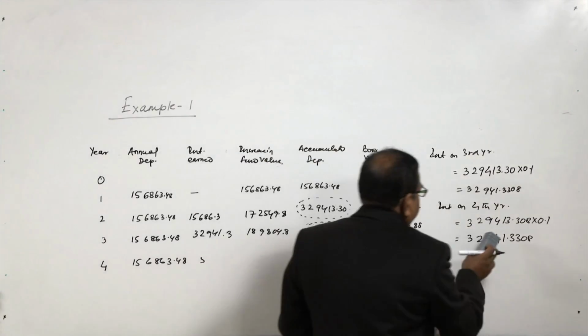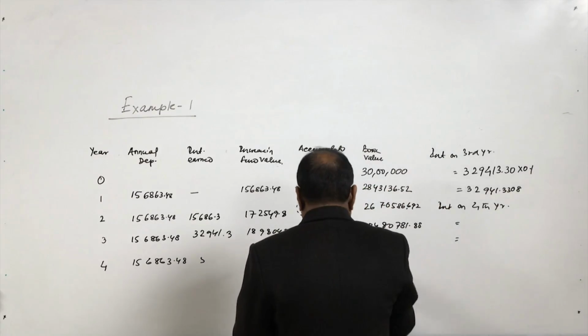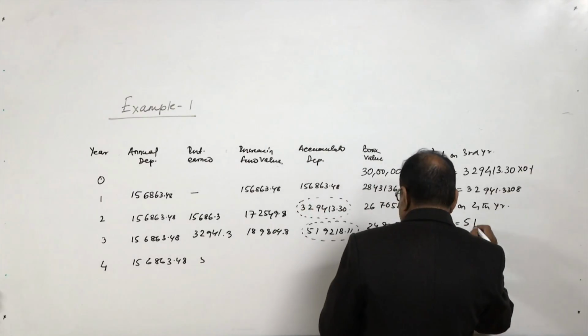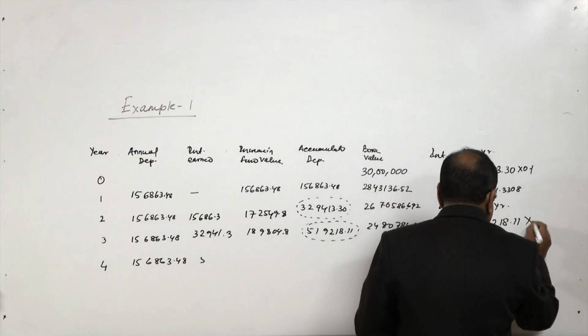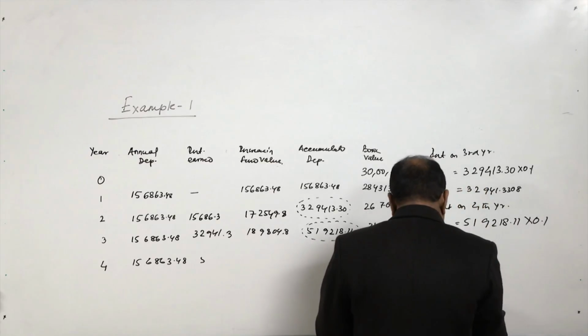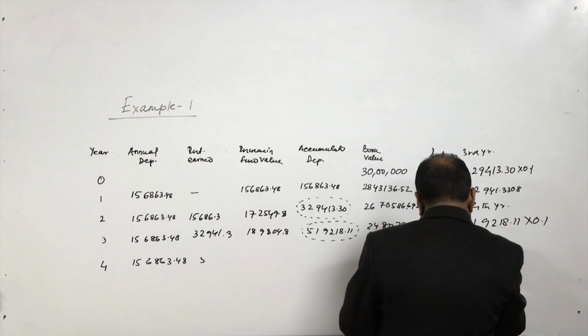This will not be 329, this will be this value, 519,218.11 into 0.1, and this comes out to be 51921.8.